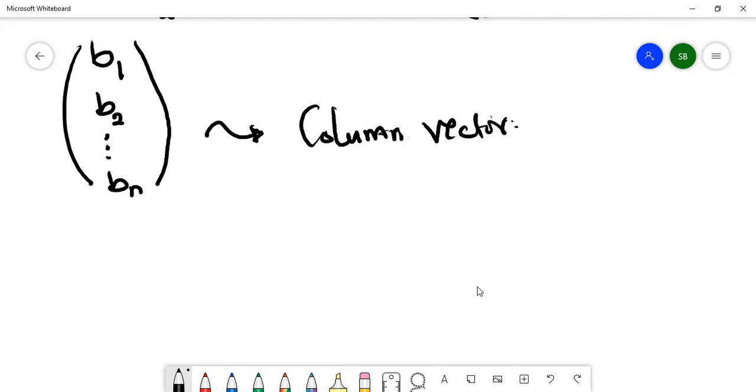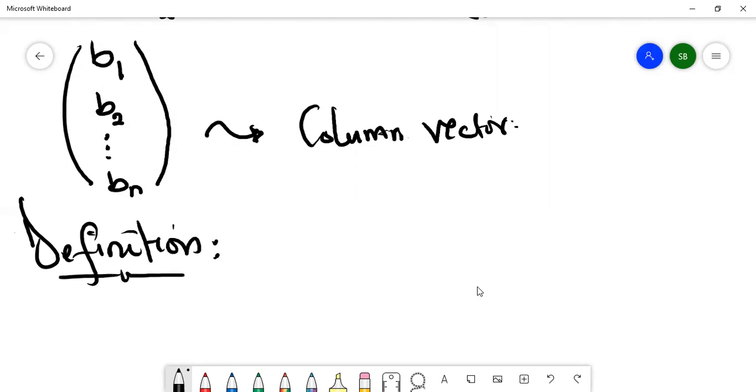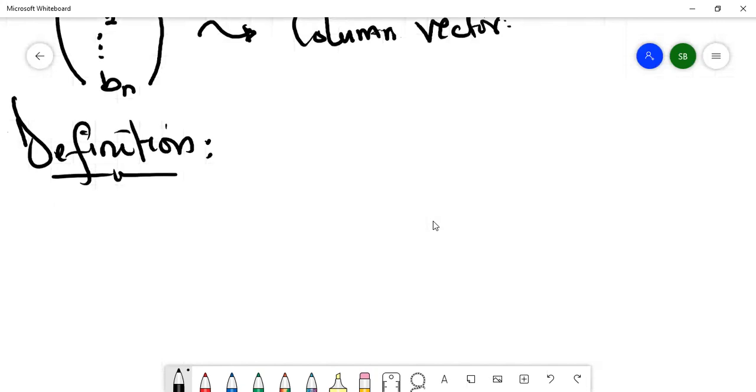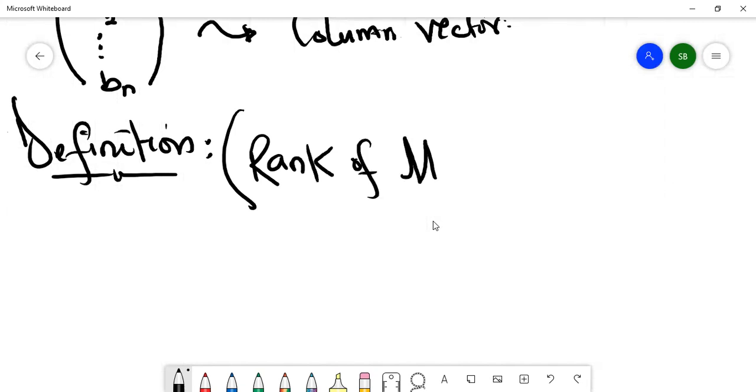Definition. What is the rank of a matrix?